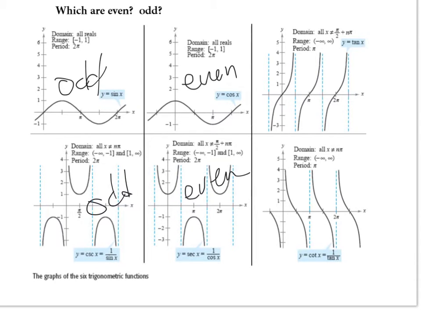Now, tangent, also odd. You can see that just looking at the one branch, this part rotates around the origin down to here, 180 degrees. It is a 180 degree rotation about the origin. It is odd. Similarly, this whole branch rotates around the origin to get to this other one.